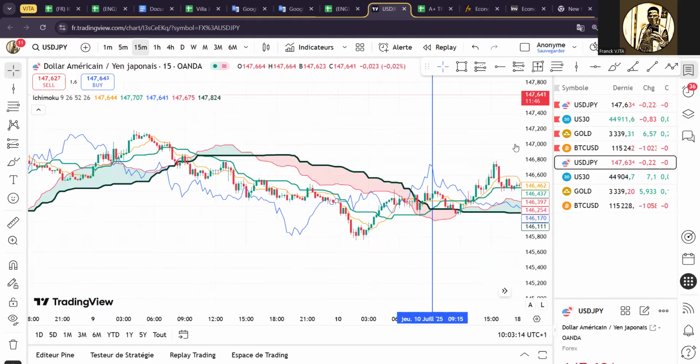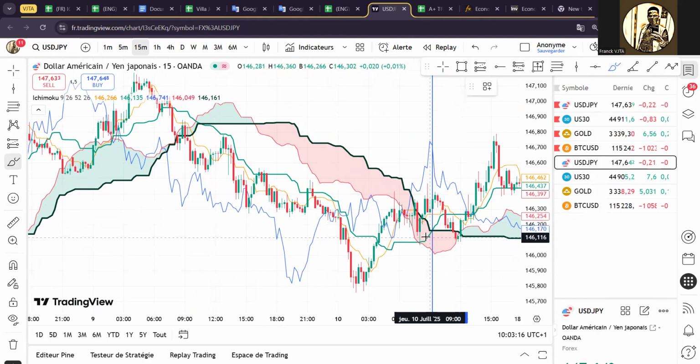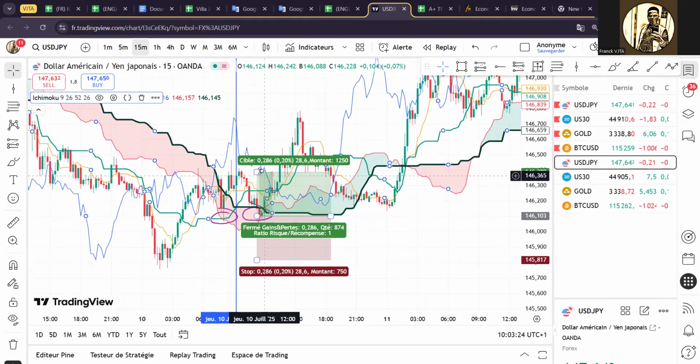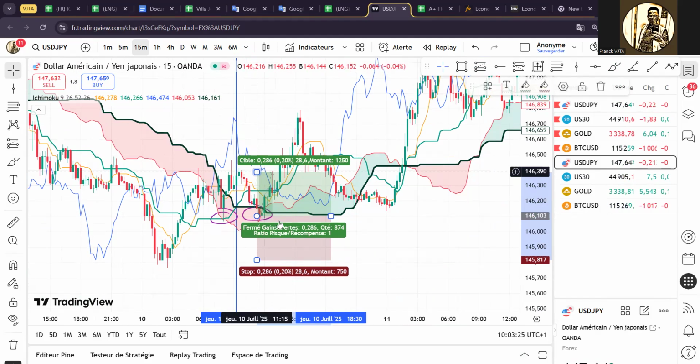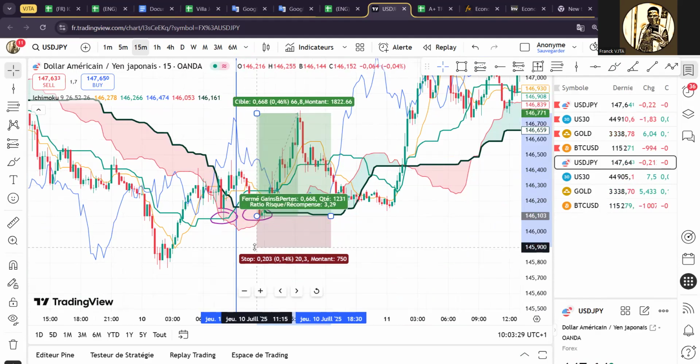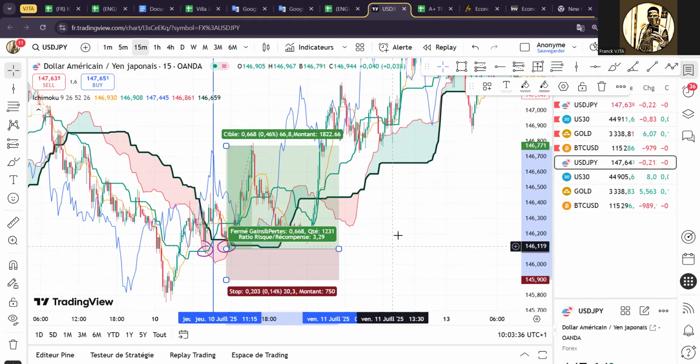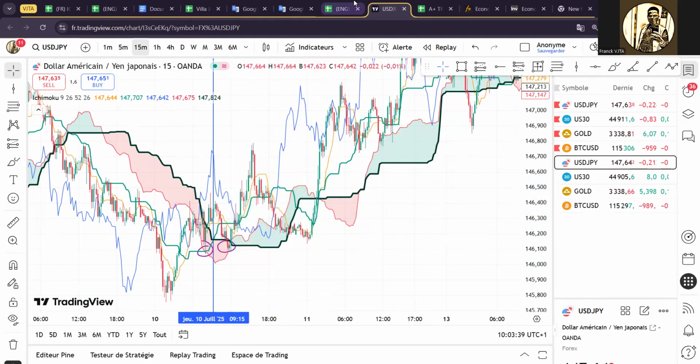For example, you could have entered just at this inverted Kijun or this Tenkan inverted for a buy. That's the opportunity that you can get in lower time frame, because when you see it in higher time frame, you can actually find opportunity down. Anyway, let's keep going.